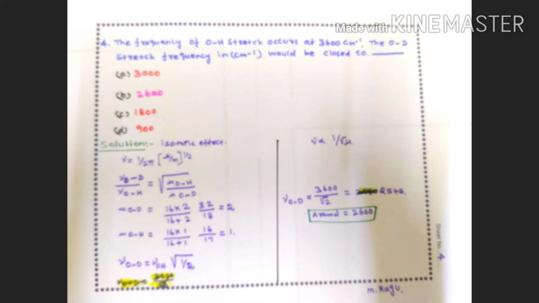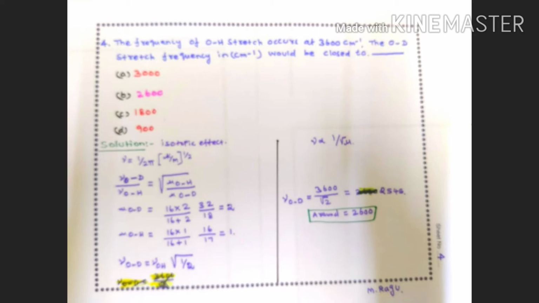Oxygen has mass number 16, deuterium mass number 2, so 16 into 2 is 32 divided by 16 plus 2, 18. 32 divided by 18 is approximately 2. The 2 is the OD value. Mu OH is equal to 16 into 1, 16 divided by 16 plus 1, 17, which is approximately 1. So nu O minus D is equal to nu OH times root of 1 by 2.